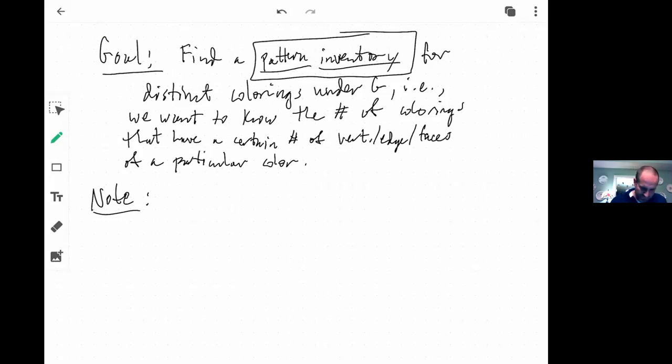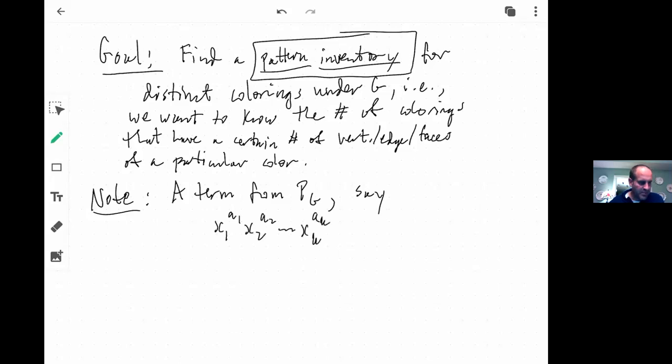So a term from the cycle index polynomial, say, let's just say it's x1 to the a1, x2 to the a2, xk to the ak. And remember, what does that mean?